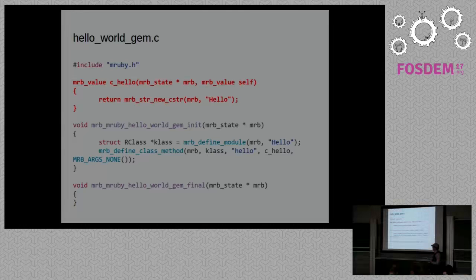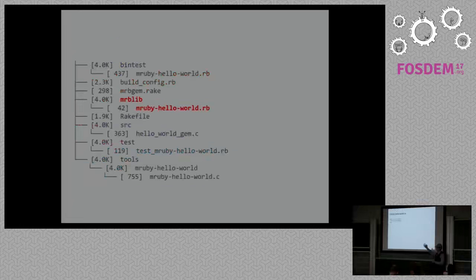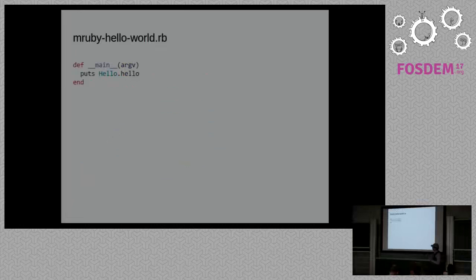We're taking a C string and converting it to an mruby string, and that way it's accessible inside the mruby VM. And with that, we can just call Hello.hello inside of mruby like it was any other Ruby code. That's pretty nice and easy to do, and that's just how native extensions or native mrbgems work in mruby.